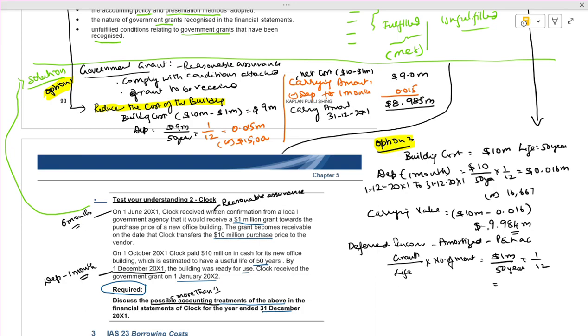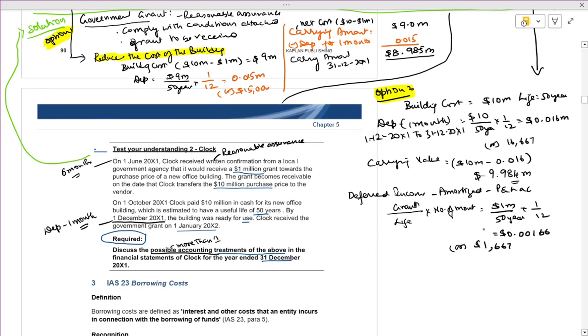It comes to 0.00166, or 1,667. This much amount should be recorded in the profit and loss account.